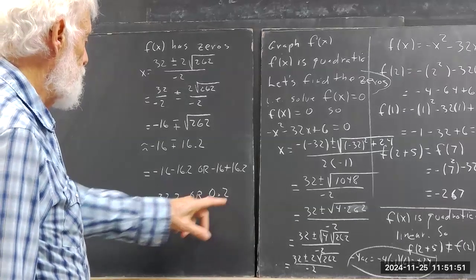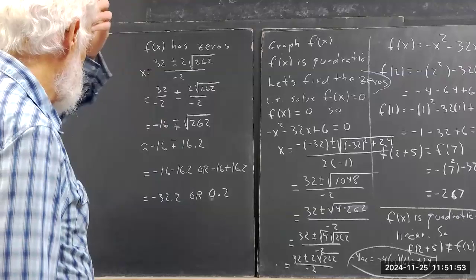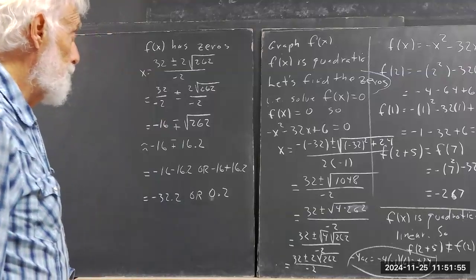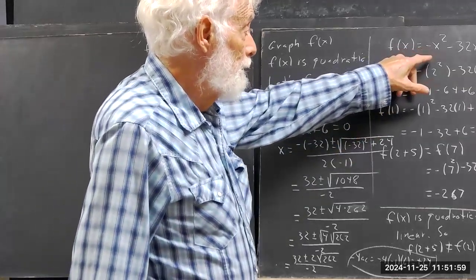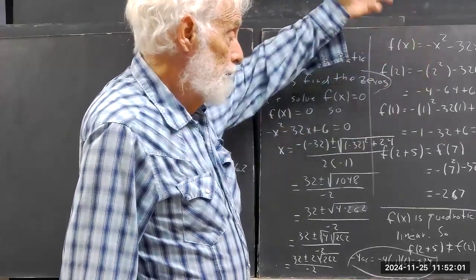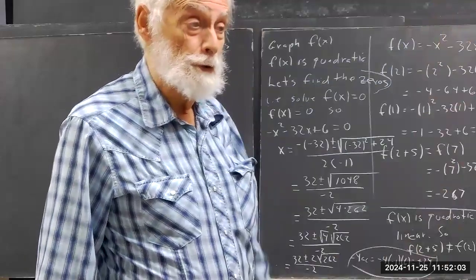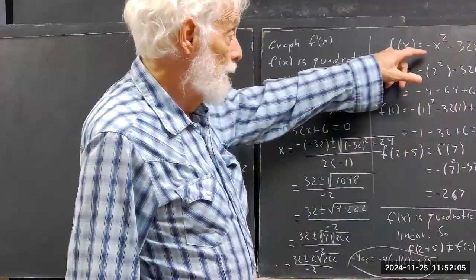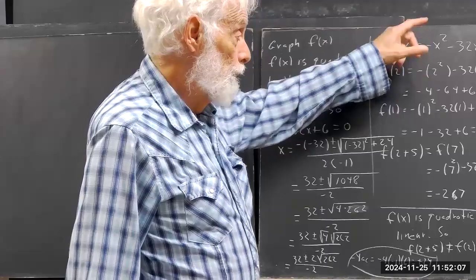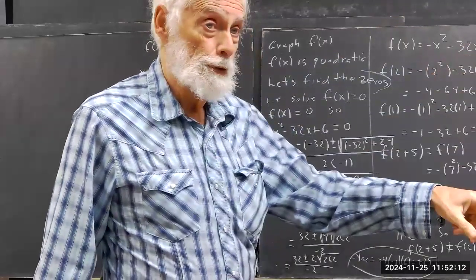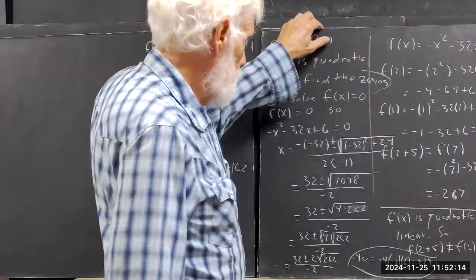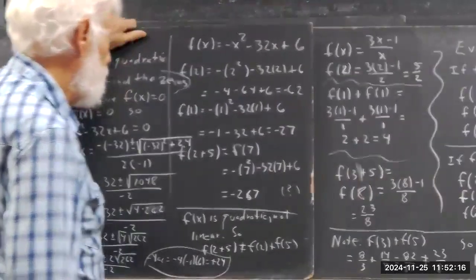So that kind of confirms this solution, and also kind of confirms this, because if I square 32.2, I'm going to get the square of 32.2. And with a negative, it's going to be negative 32.2. If I multiply 32 by 32.2, it's going to be really close to the square of 32, isn't it?